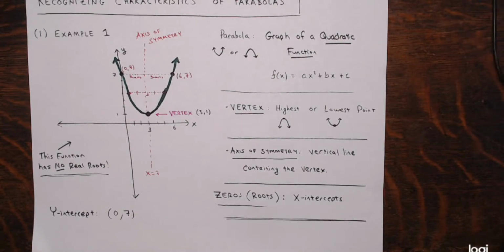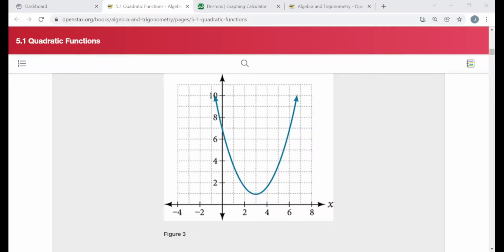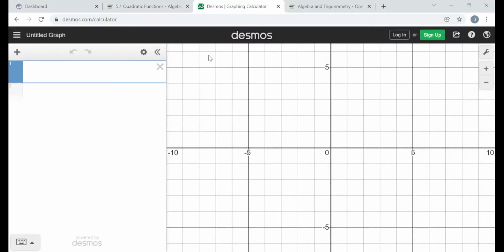Now I'm going to show you one more example where there are actually real roots, where there are actually x-intercepts. This is a website I've shown before, and I'm sure you've seen it in previous videos of mine. It's called desmos.com.